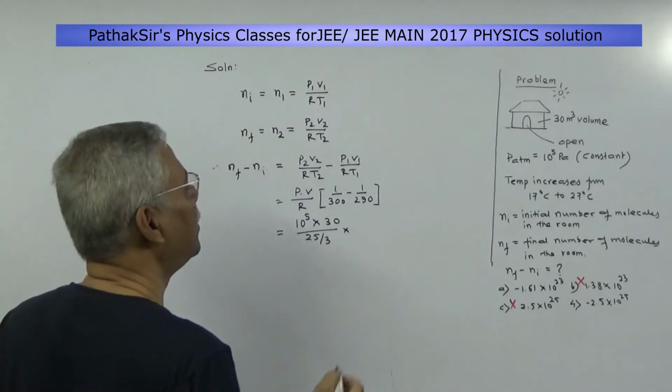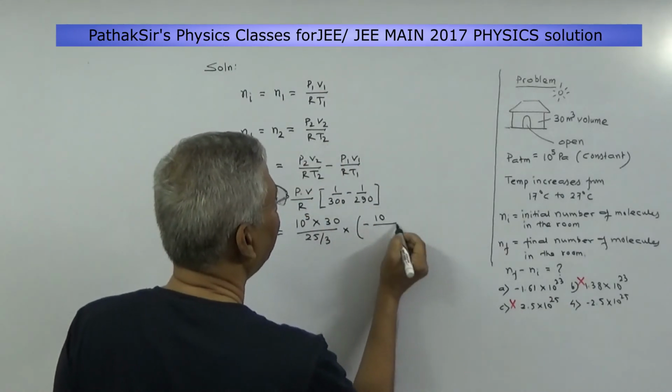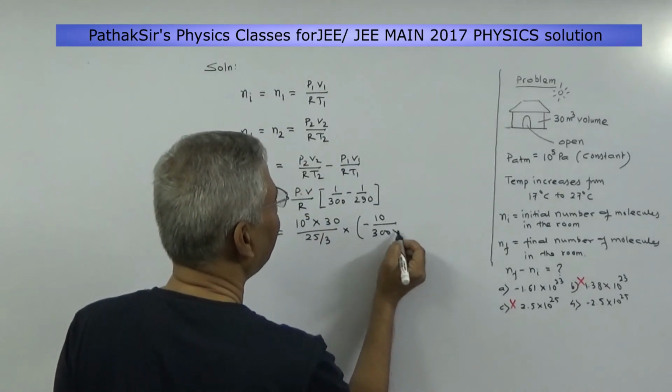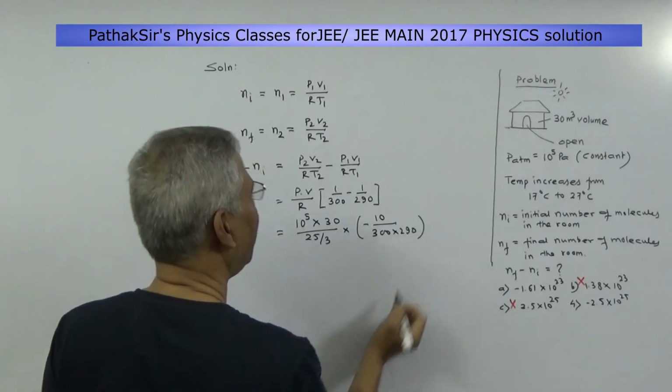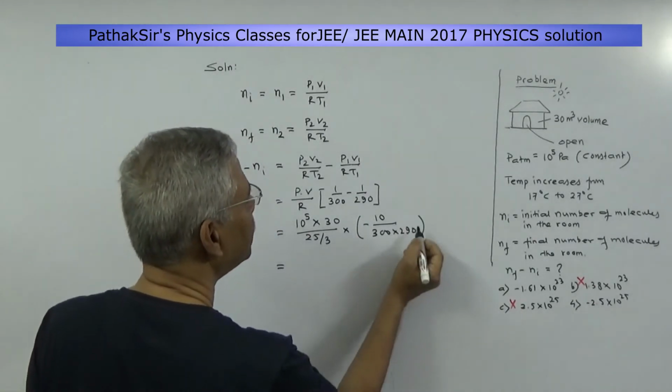25 by 3, minus 10, divided by 300 into 20.